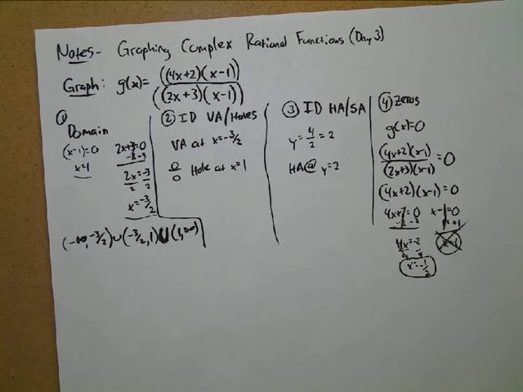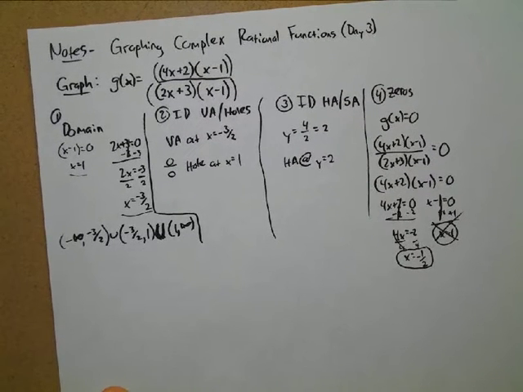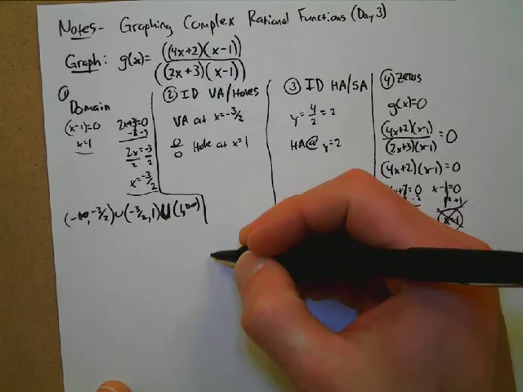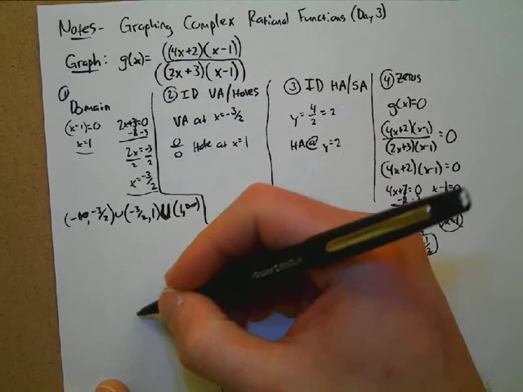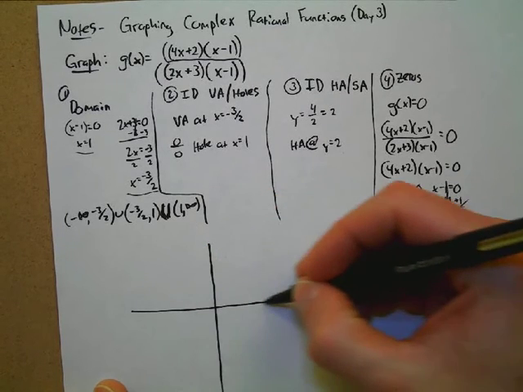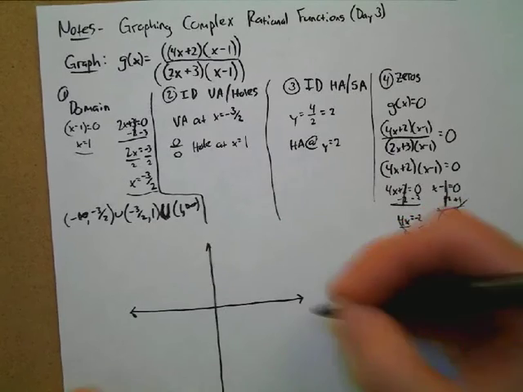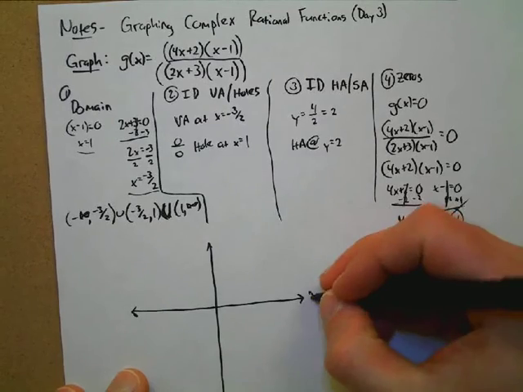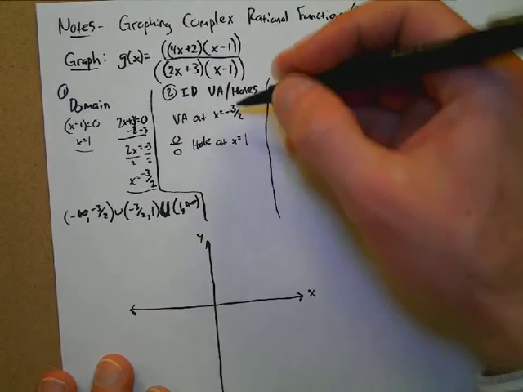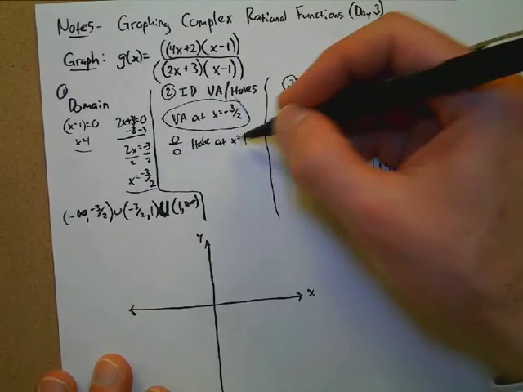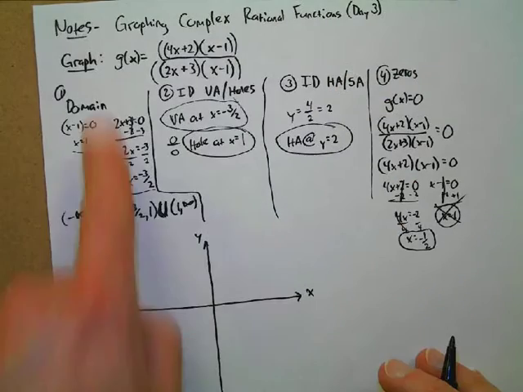All right, so let's graph this thing. We're going to sketch a graph of this without using our graphing calculators. Draw an x and y axis here. You don't really graph the domain.